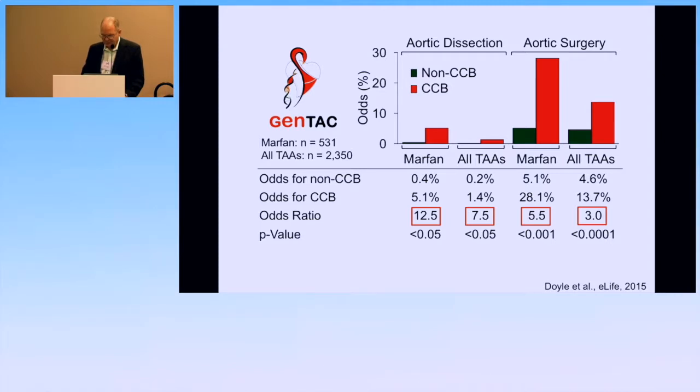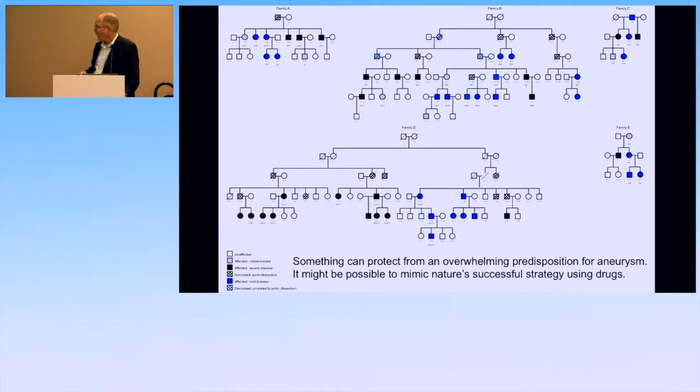aortic aneurysm. Now, up until this point, everything that we were doing was very hypothesis constrained. We were making an observation and predicting what the next logical consequence was and testing that. But we wondered whether we could use a so-called unbiased strategy to find something completely new and different. Along the way, we had the opportunity to care for a number of families with Marfan syndrome that showed really striking variability in clinical severity, even within an individual family.